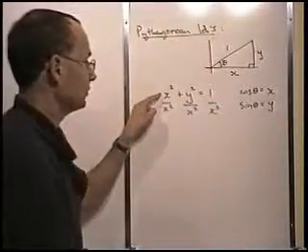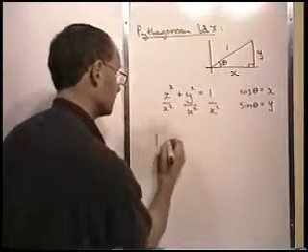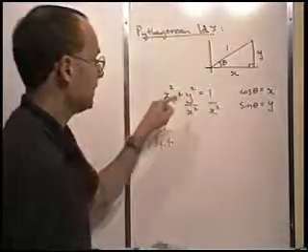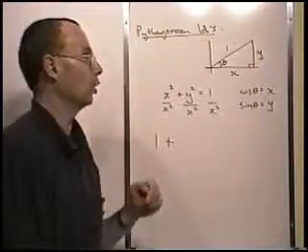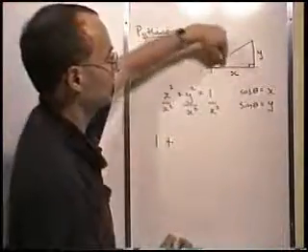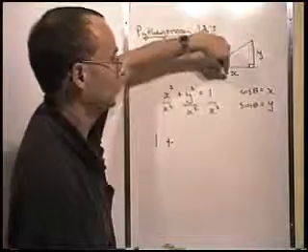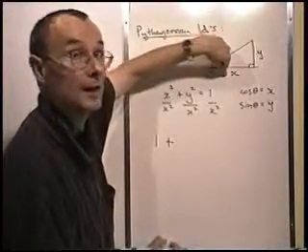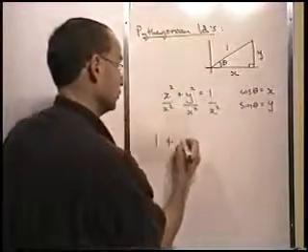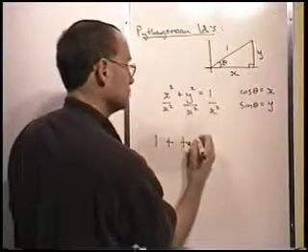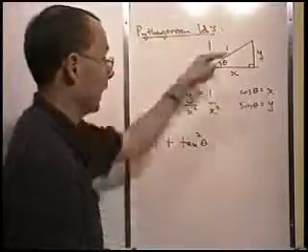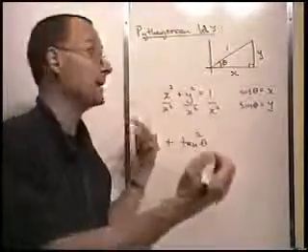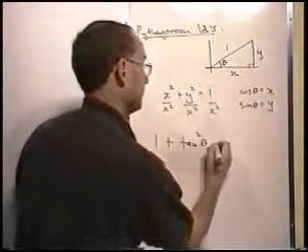Well, x squared divided by x squared is 1. And then I have y squared over x squared. What is y over x? Well, let's go to our little triangle here, and y over x looks an awful lot like tangent. So this is really tangent squared theta. Okay, y over x, tangent theta, and we're squaring it.